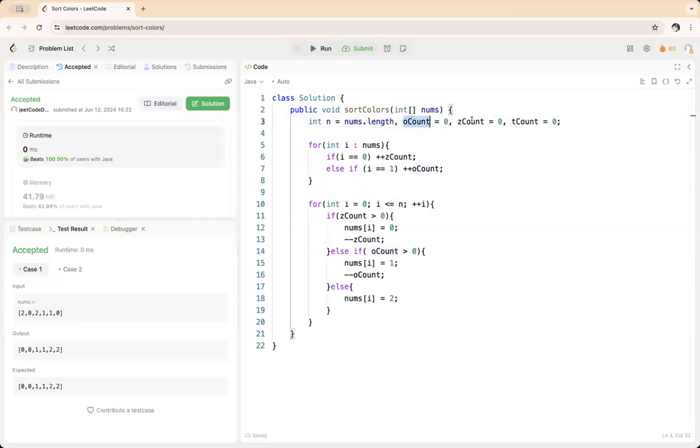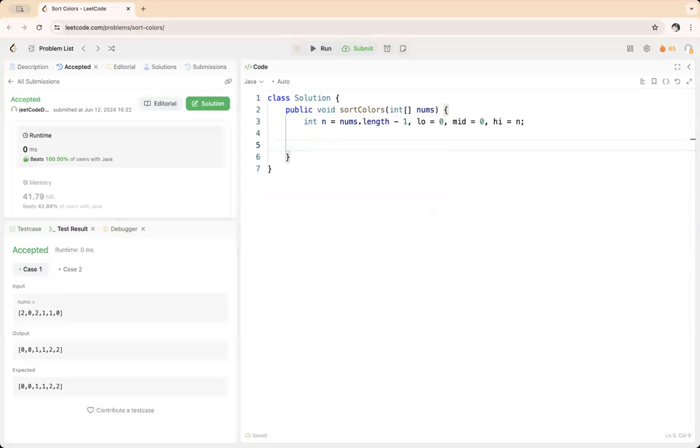In that Dutch national flag algorithm, we have low is equal to 0, mid is also equal to 0, but high will be equal to n, and we'll get rid of this. Okay. So see, we are given an array, so let me draw an array first.